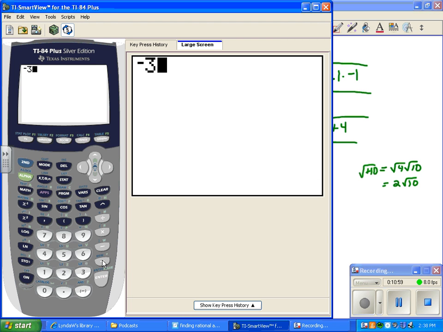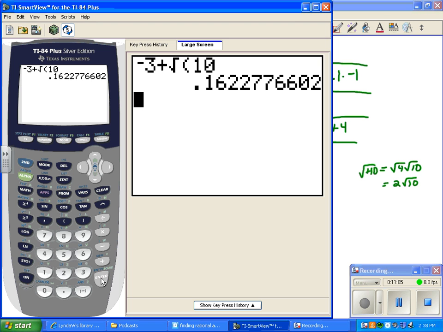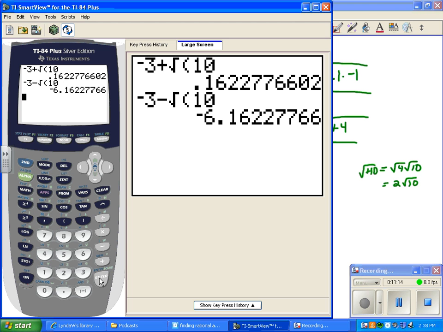Negative 3 plus the square root of 10 is approximately 0.162. Negative 3 minus the square root of 10 is approximately negative 6.162. So really we end up with one positive and one negative from that quadratic formula.